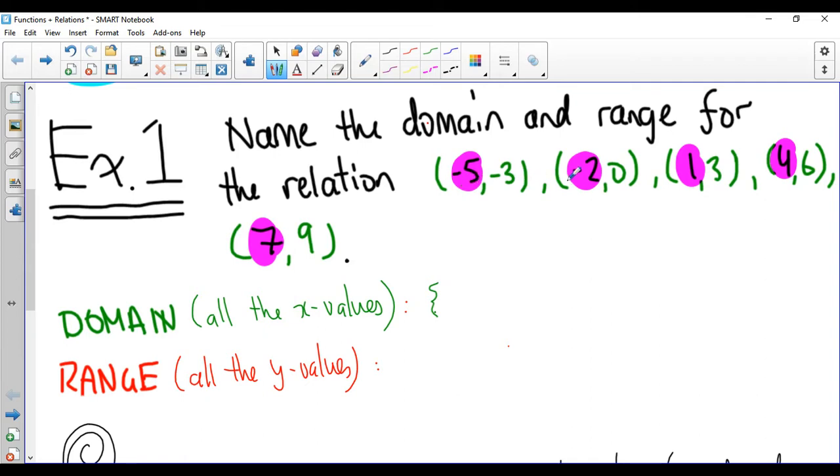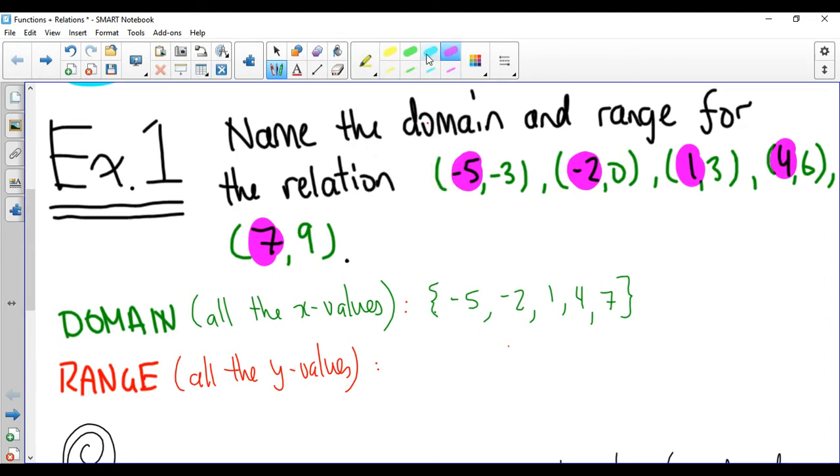I go from -5, -2, 1, 4, and 7. So they're in ascending order, and that's how we're going to write them. Are there any x values that are repeating? No. So that means that if there are 5 coordinates, I'm going to have 5 values for my domain. So the way we write it, we just write -5, comma, -2, comma, 1, comma, 4, comma, 7, and that is it. Okay, super easy.